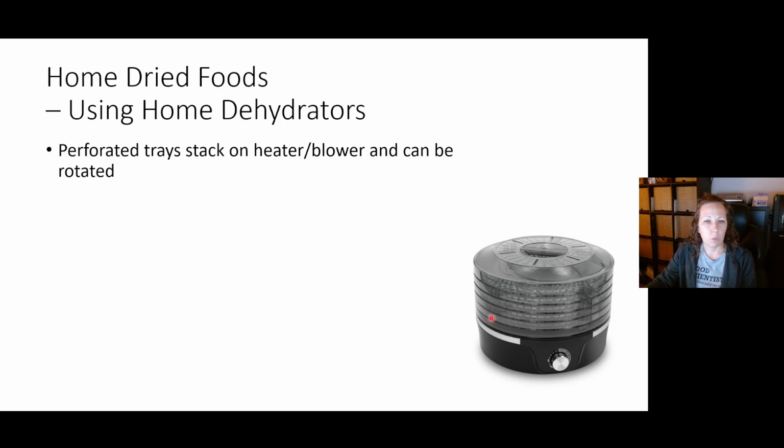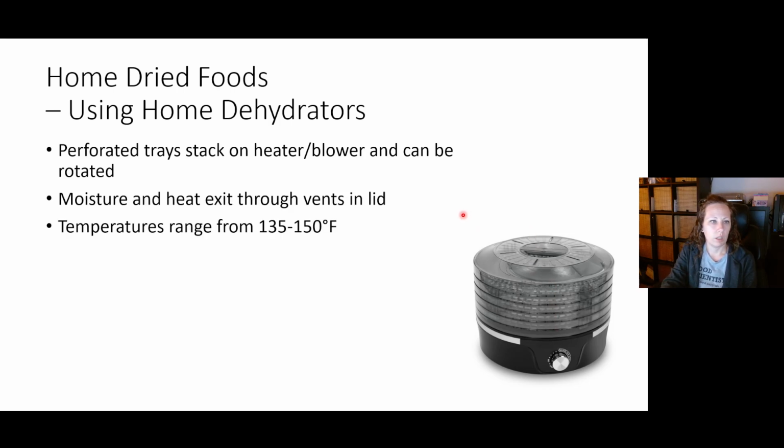And so the way these work, I already explained how the blower works, and then you have the trays that are perforated, that have the holes that allow the air to come up from the bottom and out the top. So you can control the temperatures with these, range from 135 to 150 degrees Fahrenheit.